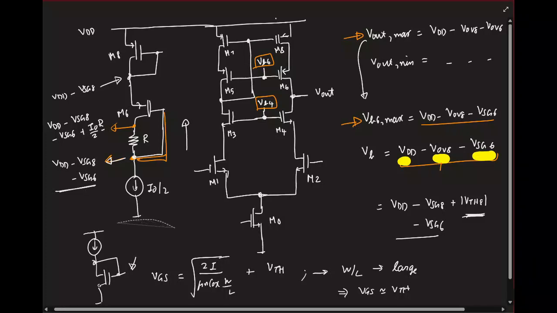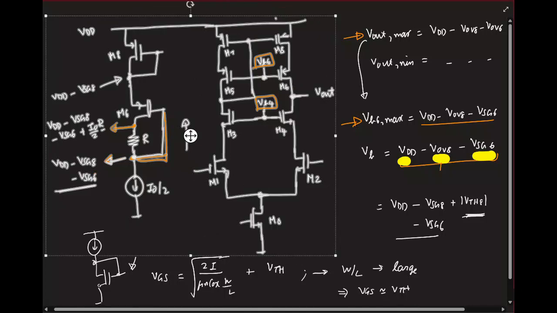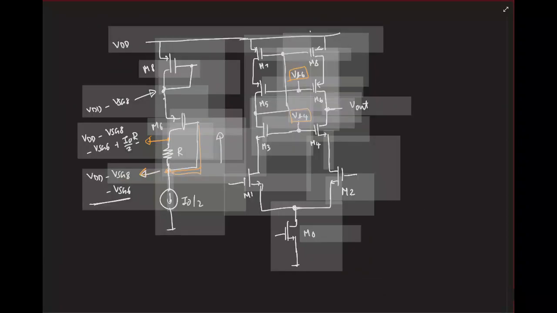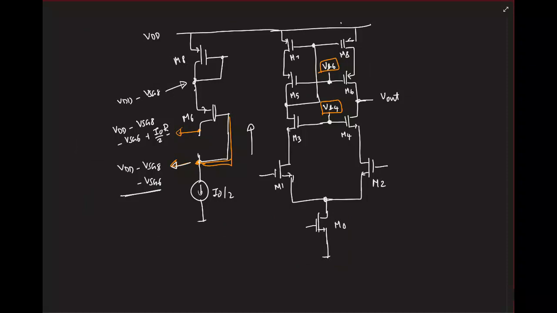So let me quickly copy paste this. Here I need another PMOS transistor which is diode connected like this, but this guy must have a very large W by L. Okay, so I'll remove these guys.